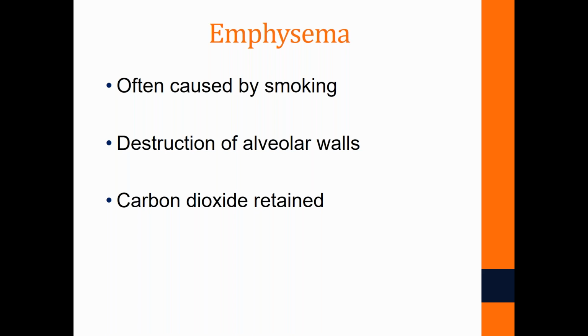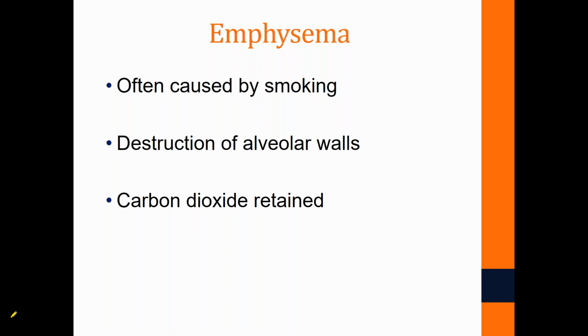And if we don't have as much space for gas exchange to take place, gas exchange doesn't take place effectively enough, because we don't have enough room for it all. So they start to retain some carbon dioxide. And when they do that, they switch from hypercarbic drive to hypoxic drive. And they're generally chronically low on oxygen.